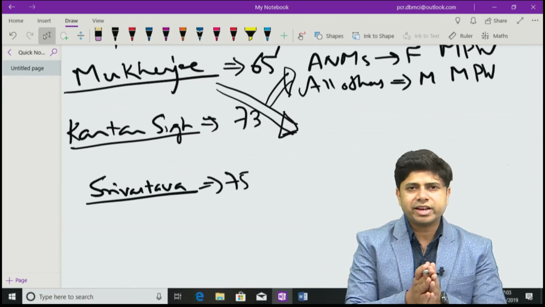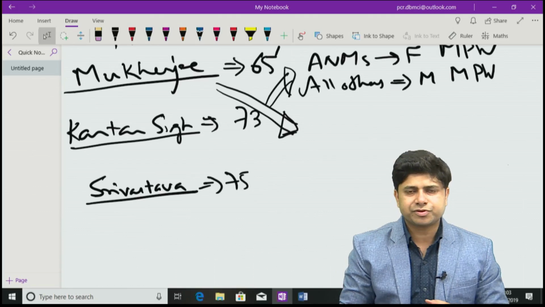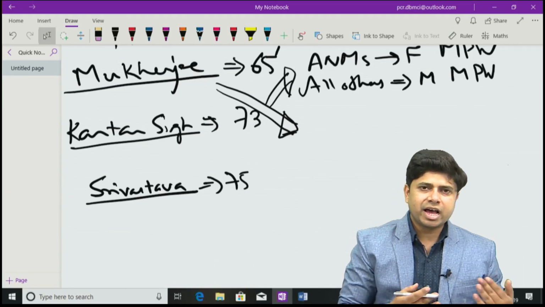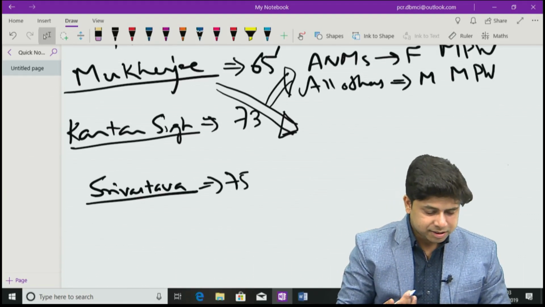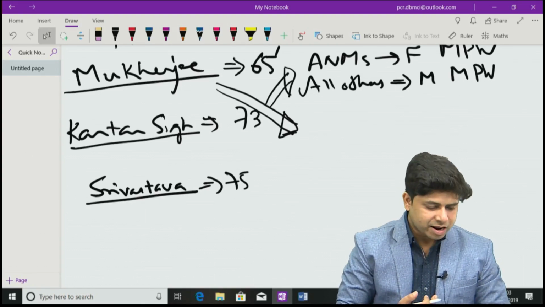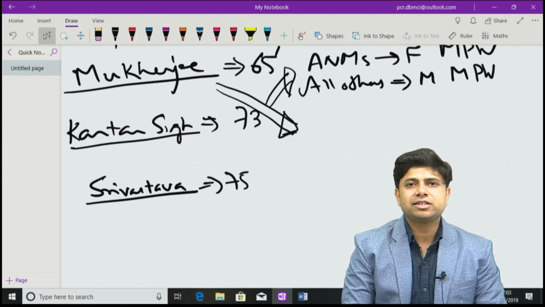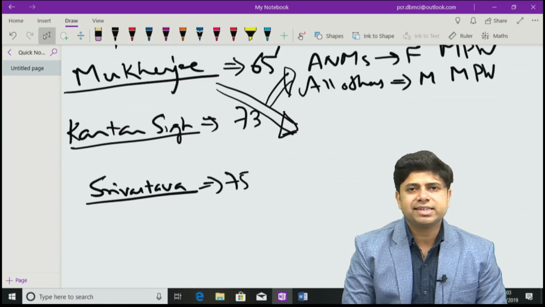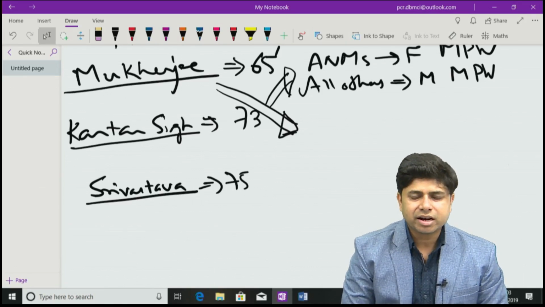So they recommended that there should be different posts for family planning activists and for malaria surveillance officers, and the rural and urban family planning centers should be attached to the PHCs. That was the Mukherjee committee recommendation.